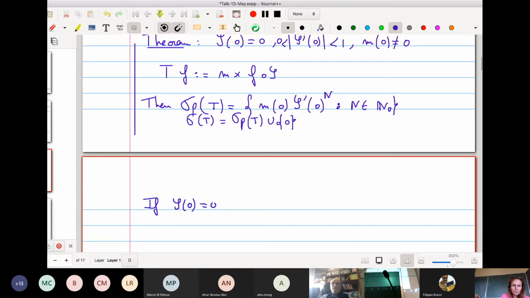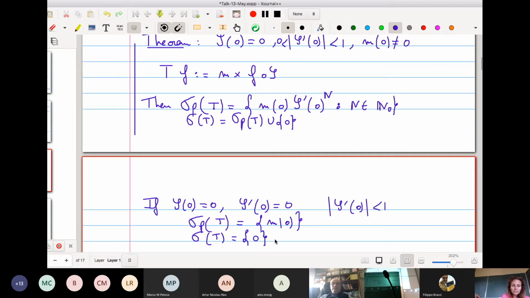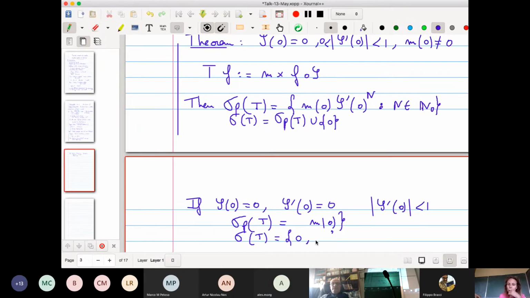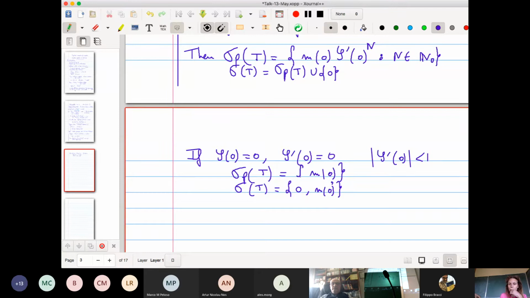If the derivative at 0 is 0, but it is not a rotation, then the point spectrum is just M0, whereas the spectrum is just 0 and M0. Okay.